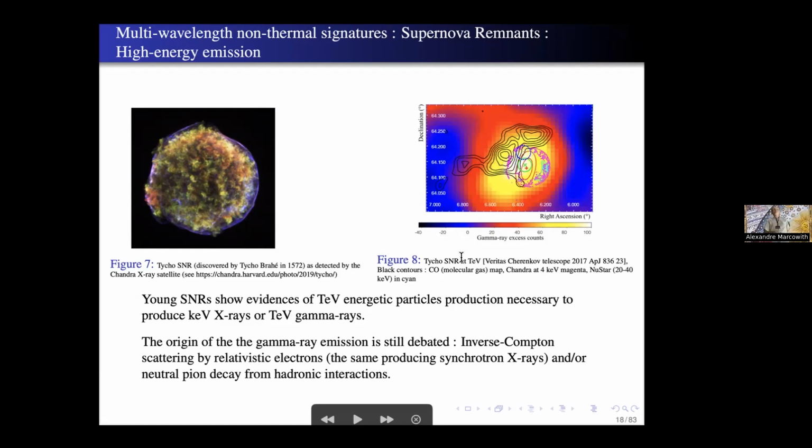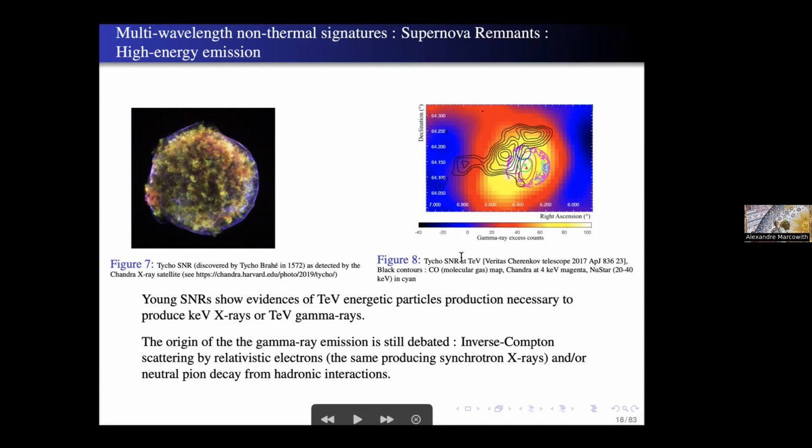This object also produced gamma rays, and this has been detected using instruments which are the Cherenkov telescopes, which are on the ground and detect the showers produced by the gamma rays in our atmosphere. The shower produces, let's say, blue light, which is collected, and then you can reconstruct the gamma ray direction and energy.